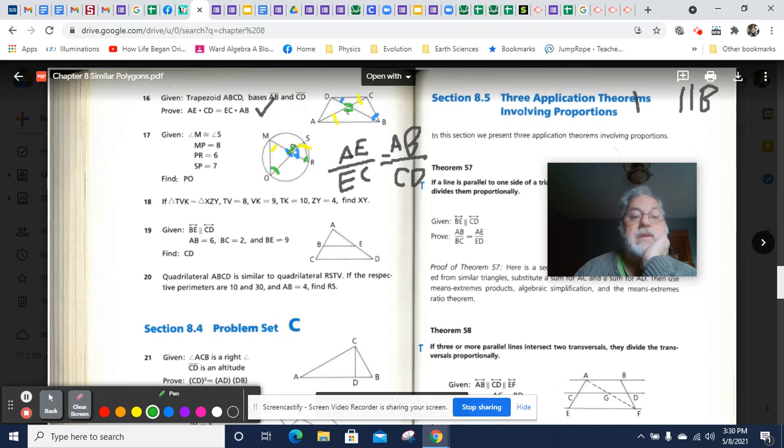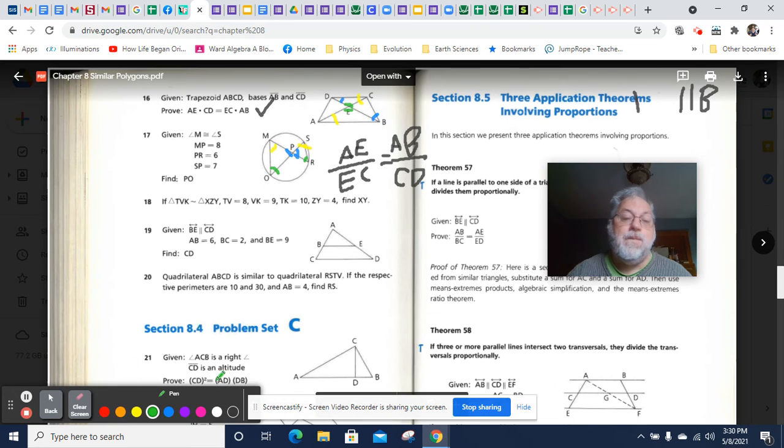So we know that MP is 8, PR is 6, and SP is 7. We want to find PO. Well, MP is to PS as OP is to PR. So we can just set that all up.